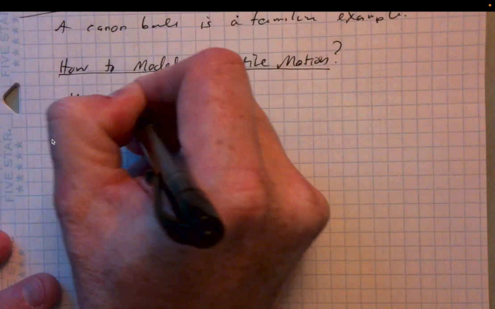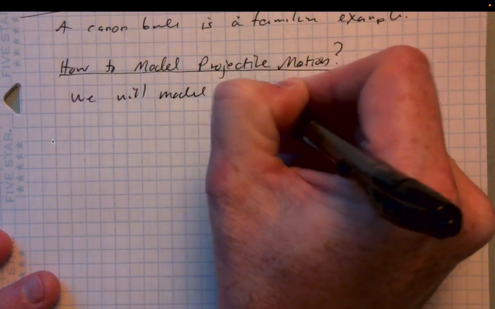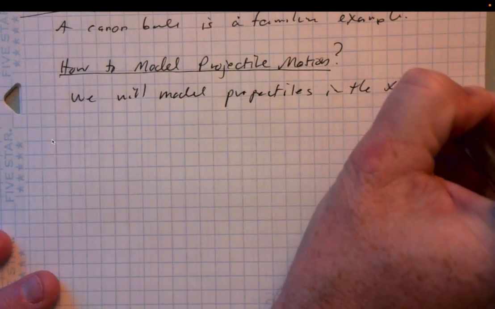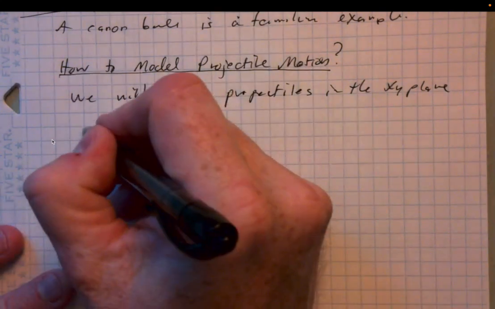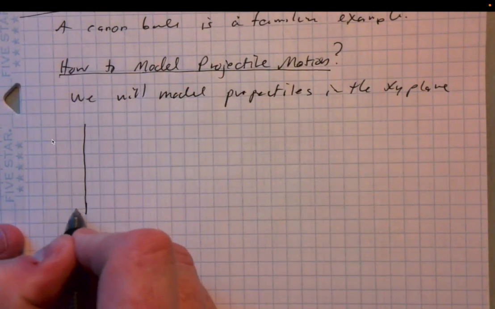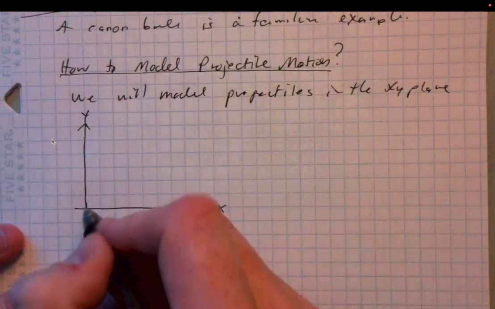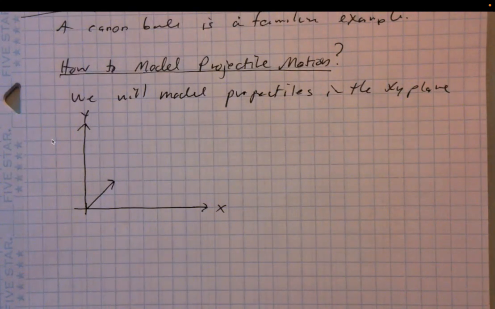So we will model projectiles in the xy plane. Now that xy plane will be determined such that it aligns with the initial velocity. So we'll have a plane, x and y, which will be oriented such that the initial velocity lies within that plane.